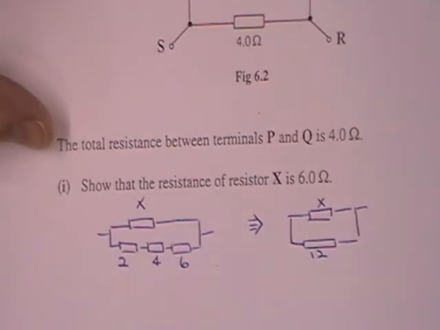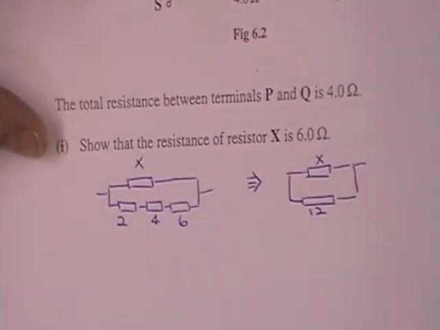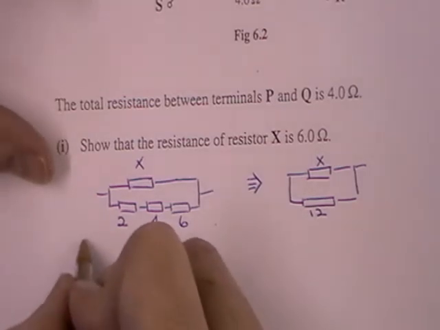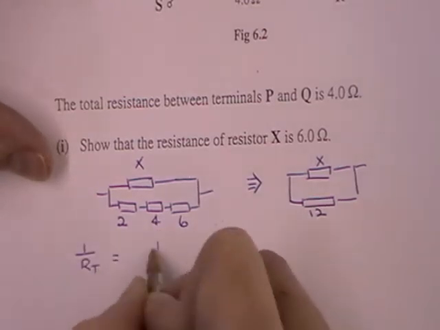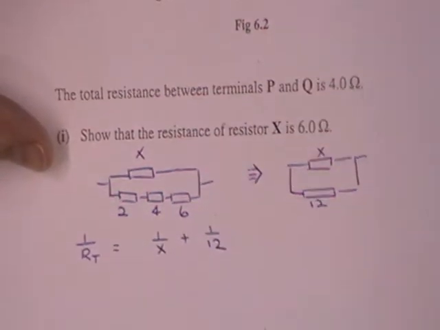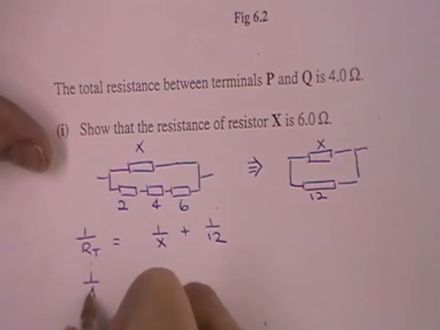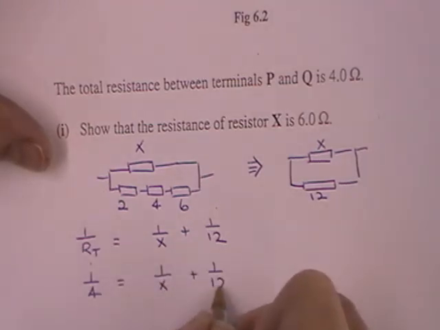So it's an X ohm resistor plus a 12 ohm resistor in parallel. I'll just do it with the fractions. 1 over the total resistance is 1 over X, which we don't know, plus 1 over 12. The total resistance is 4, so 1 over 4 is equal to 1 over X plus 1 over 12.